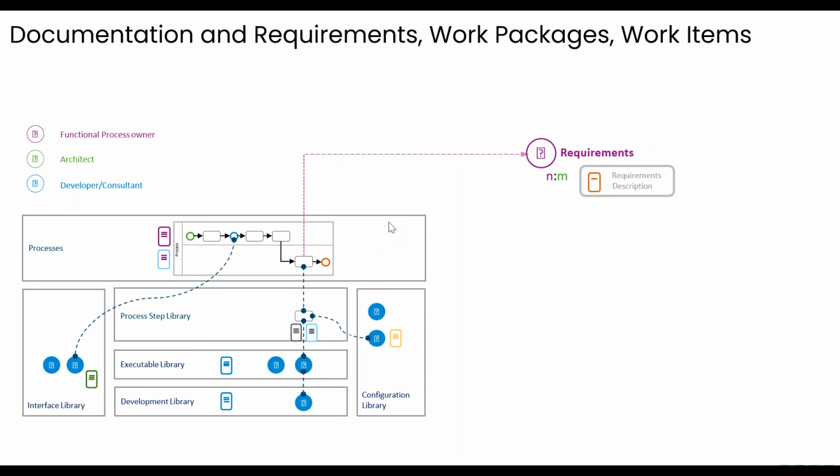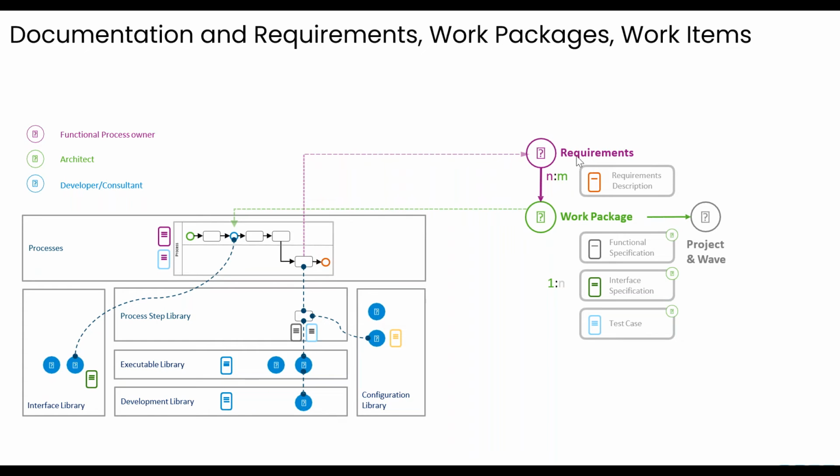If it's something simple, where this requirement can be delivered within a sprint or so, then we would only capture one. Part of that requirement, we will break down into a work package.